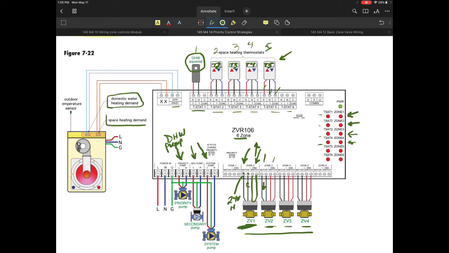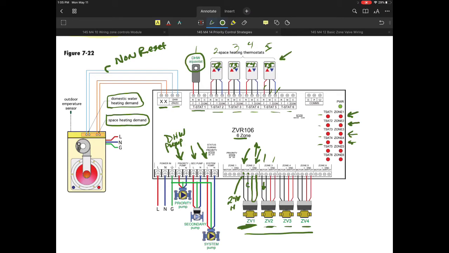Now here's the beauty of this. This one has a separate set of contacts that would allow the boiler system to know that, by the way, we have a domestic water heating demand, and in our boiler system, we have a separate set of contacts using X and X as the space heating demand input.